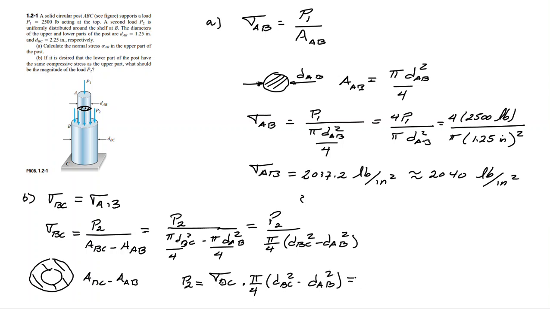So now we just substitute: 2,040 pounds per square inch times pi over 4 times 2.25 inches squared minus 1.25 inches squared.